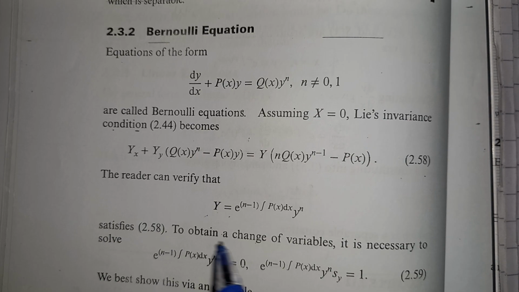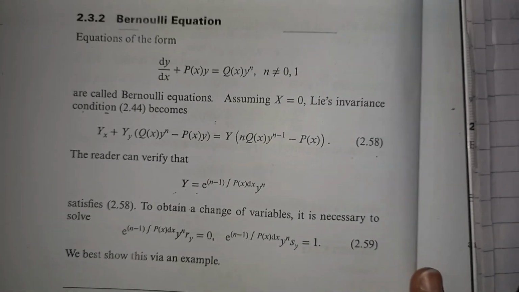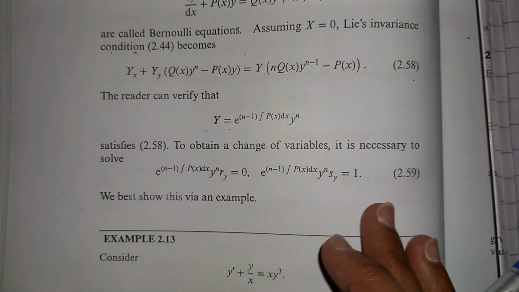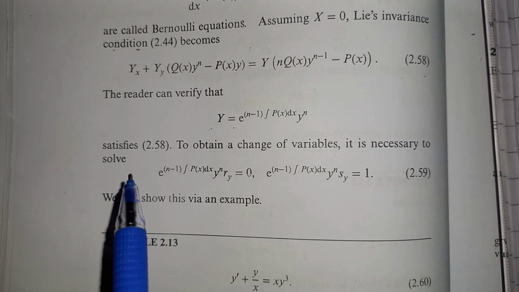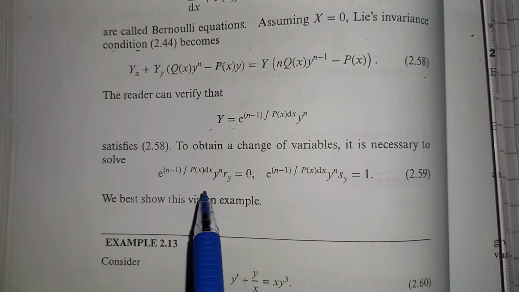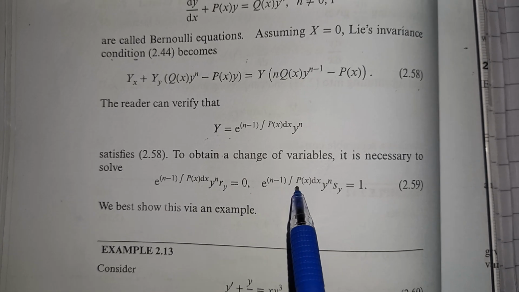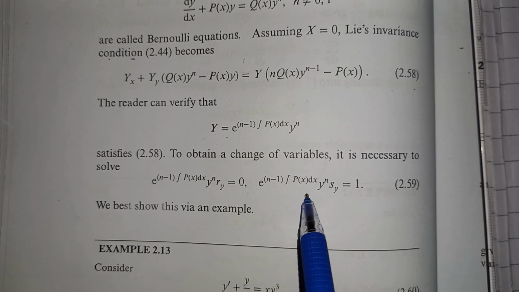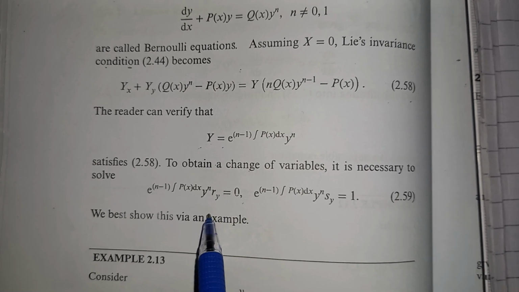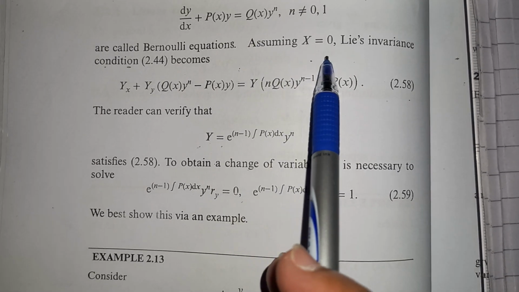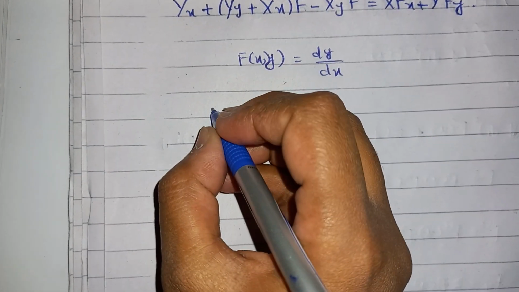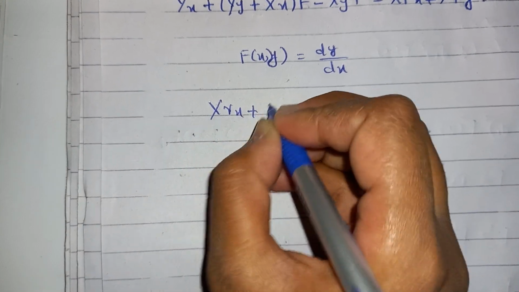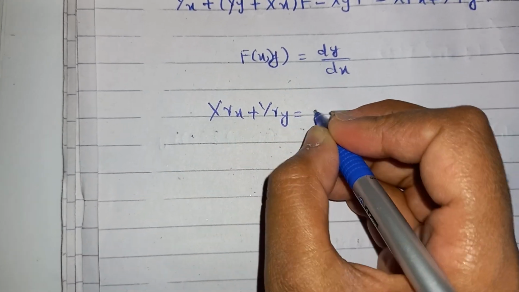Now students, to obtain the change of variables, we know the transformation that we have already derived: xi r_x plus eta r_y is equal to 0, and xi s_x plus eta s_y is equal to 1. But here the value of xi is equal to 0, so we will only get eta r_y is equal to 0.